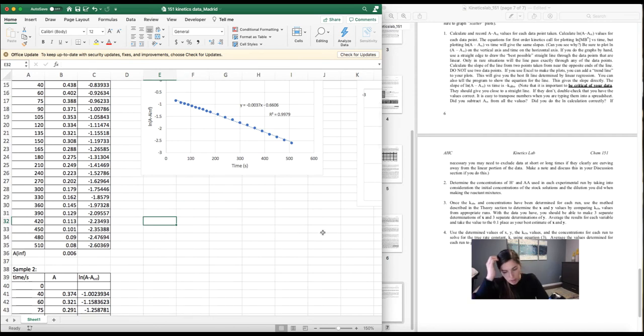Okay, so remember, when I'm comparing two different rates to each other, I usually have rate, and let's just say rate 3 in this instance, divided by rate 1. And that's going to be equal to whatever concentration does change. So in this case, it's going to be AA divided by AA for run 3.